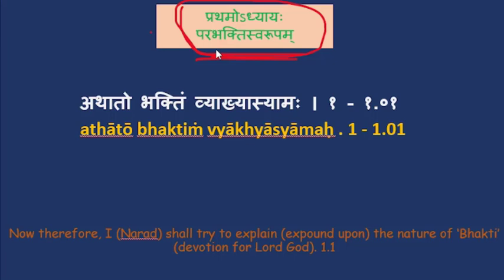The word Param stands for that, to show the greatness. So here we are going to explain the qualities, features or explanations on Parabhakti, the superior bhakti. The first sutra is Athato Bhaktim Vyakhyasyamah.